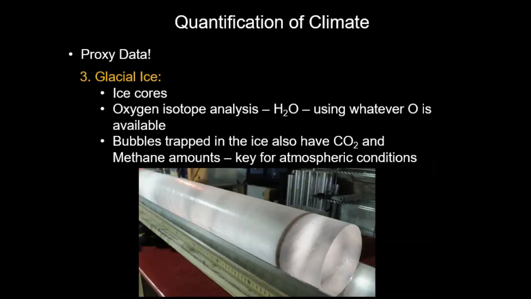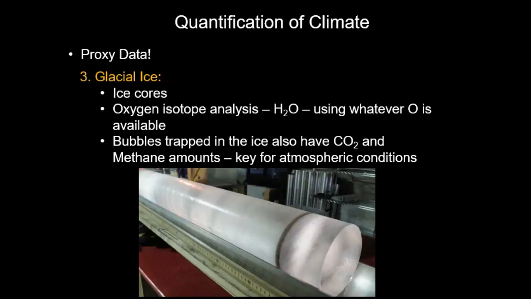Another form of proxy data is glacial ice. We discussed this quite a bit when we covered chapter 15, but we'll talk about it briefly still. Scientists collect samples of ice, these ice cores, by using a drilling rig, which is pretty similar to an oil drill, but much smaller.